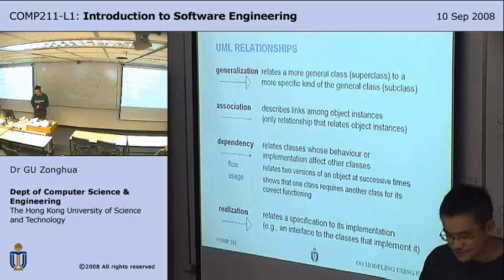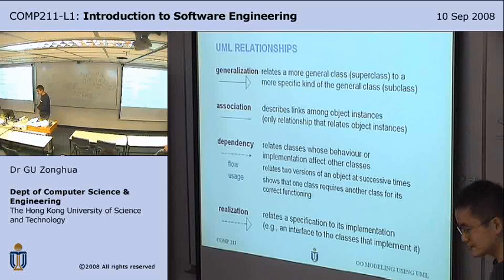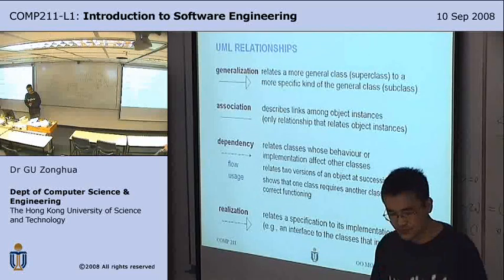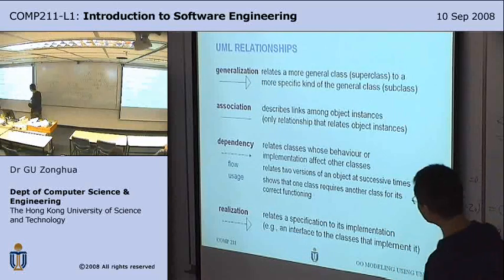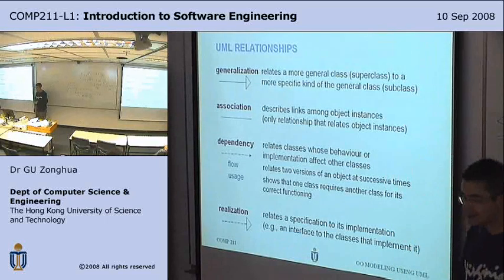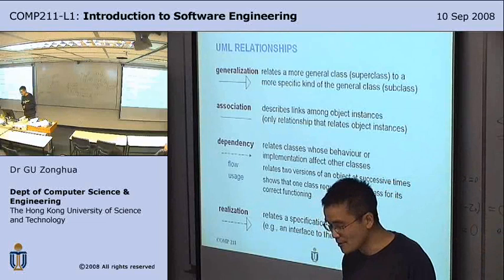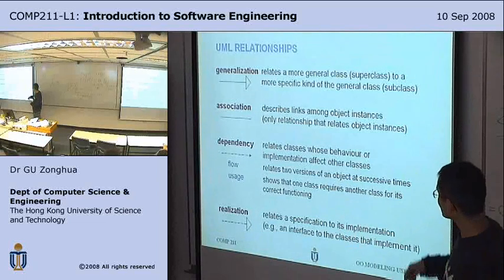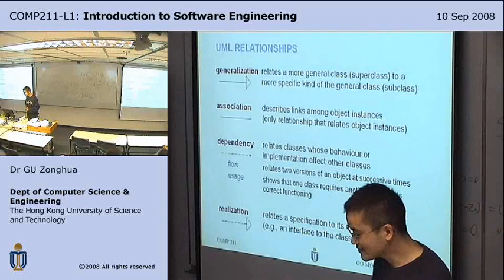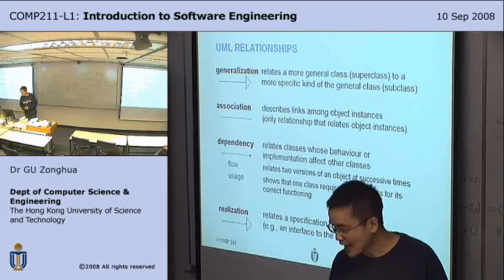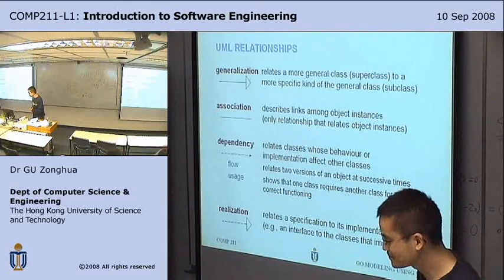So we have discussed several types of relationships. Association, which is the most general, describes links among object instances. And there are several others. Generalization relates a more general class, that is a superclass, to a more specific kind of class, that is subclasses.